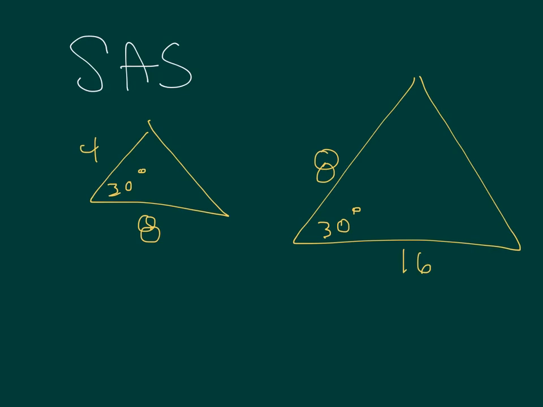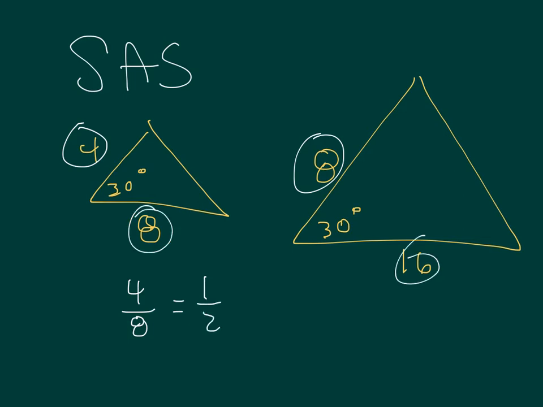So here we have two triangles. Notice that the ratio of the corresponding sides, in this case, is 4 to 8, or 4 over 8, which is 1 to 2. And here we have 8 and 16, so 8 over 16, 1 to 2 again.